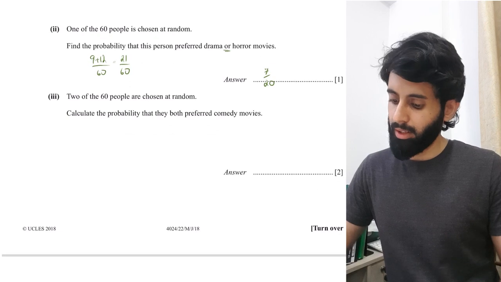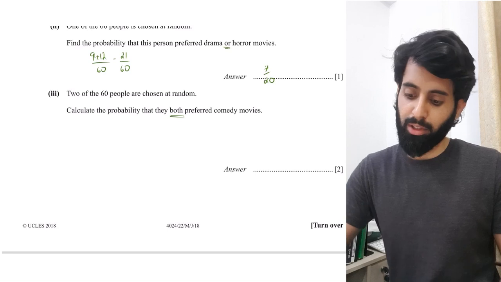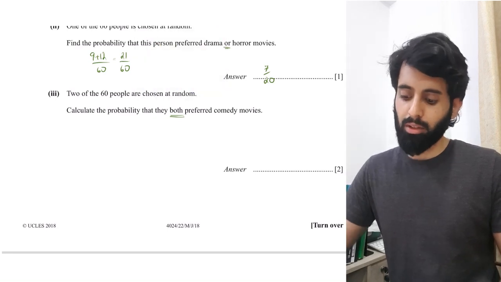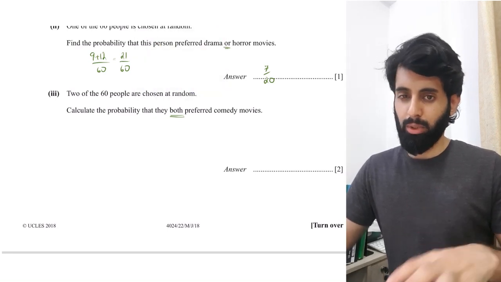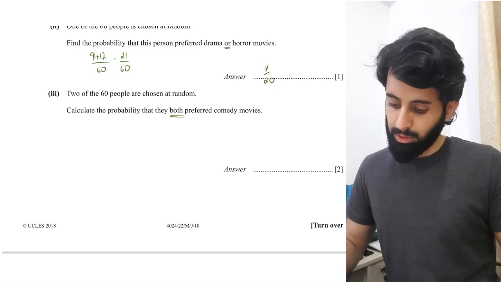Then we have: 2 of the 60 people are chosen at random. Calculate the probability that they both preferred comedy movies. Sadly I don't have a lot of videos on probability, but I can tell you that when you have the word both or the word and, what you do is you multiply. The number of people who like comedy is 15.